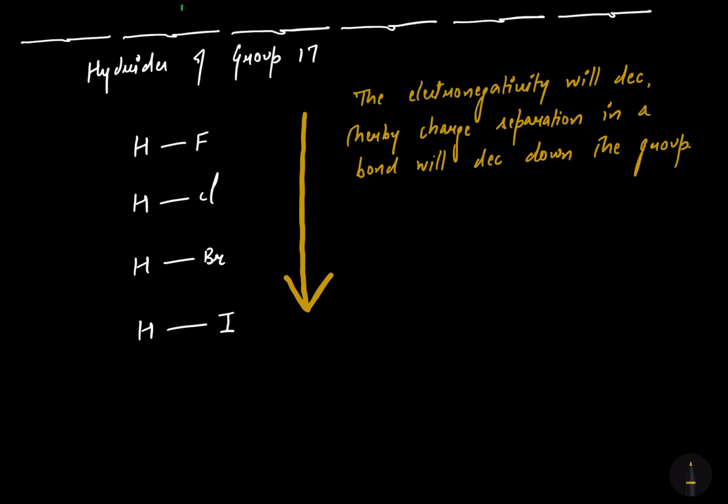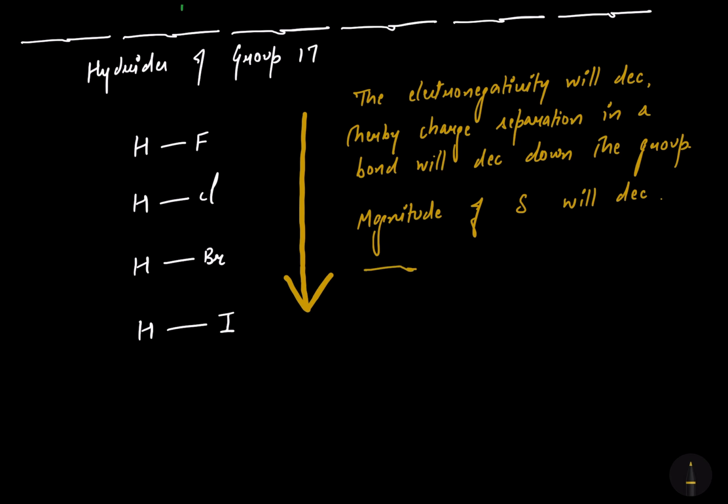So what's gonna happen? In this case, magnitude of delta will decrease. What's delta? Obviously, that's the magnitude of charge. So in this case, as we move down the group, the electronegativity will decrease. Thereby, charge separation in a bond will decrease, due to which the magnitude of charge, that is delta, will decrease.